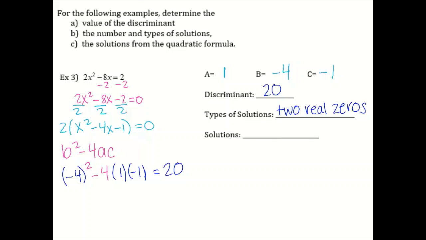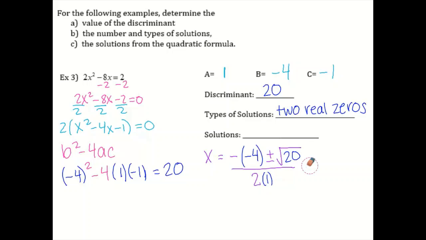Now I'm going to plug that into my quadratic equation. x equals, I have -b, so negative parentheses -4, -4 plus or minus the square root of my discriminant, which is 20, all over 2 times my a, which is 1.